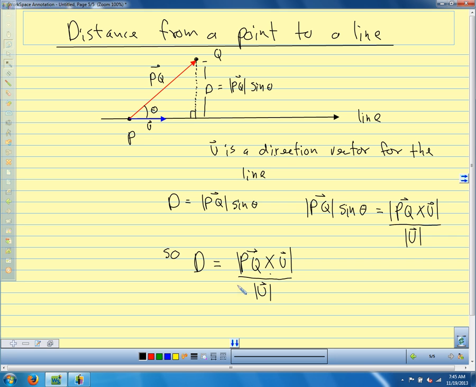All right, let's do an example of calculating a distance, and then we'll be done for the day.